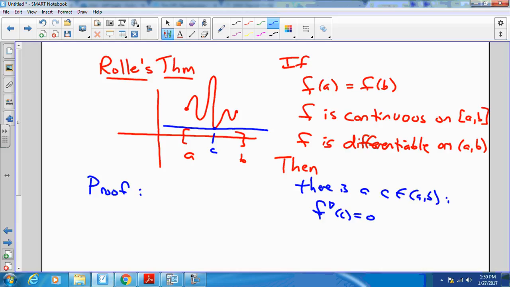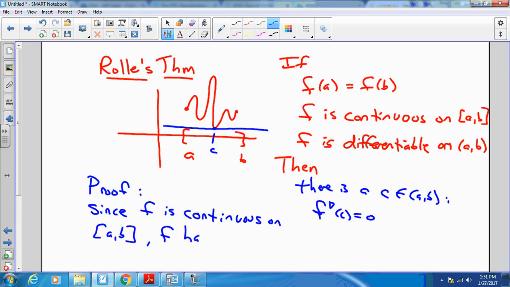You guys want to know the names of your theorems because it gives you useful handles to talk about this stuff. Since f is continuous on [A, B], f has a max and a min.